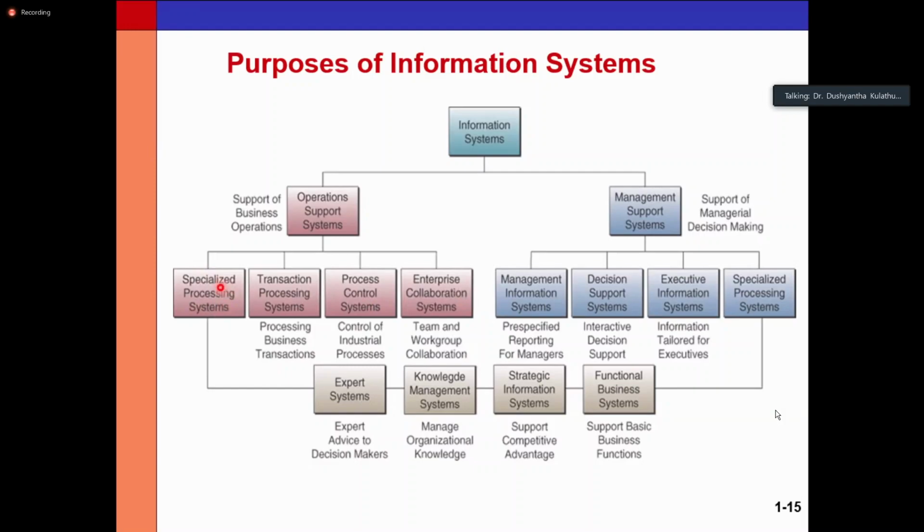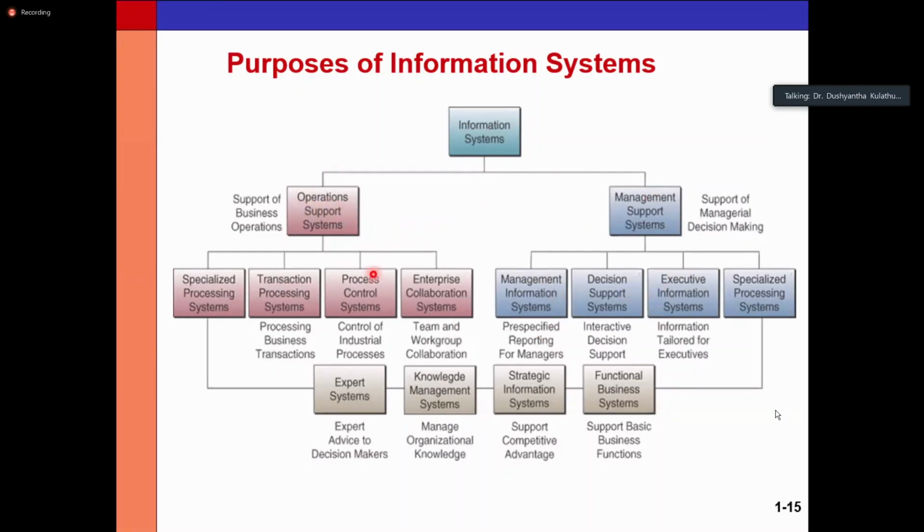Then under management support systems, there are also three specific categories identified: management information systems, decision support systems, and executive support systems. The other one is a specialized category, which looks like some common systems which may serve the operations and also the management decision making. So those are somewhat specialized systems which may support both areas, operations and management.